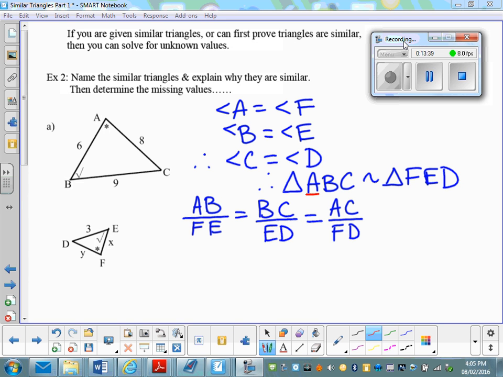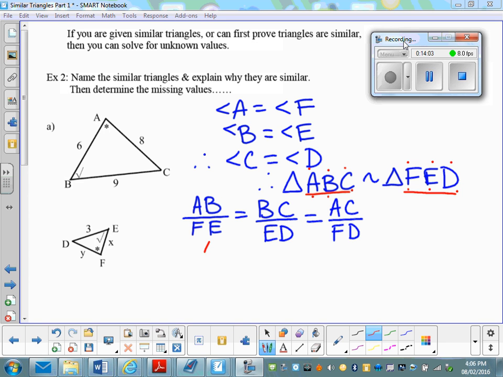You can also use the letters the way they're written here, because if they're in the proper order, then AB should be over FE. And BC should be over ED. And AC should be over FD. And so that's how I came up with that. Now I can plug in what I know.